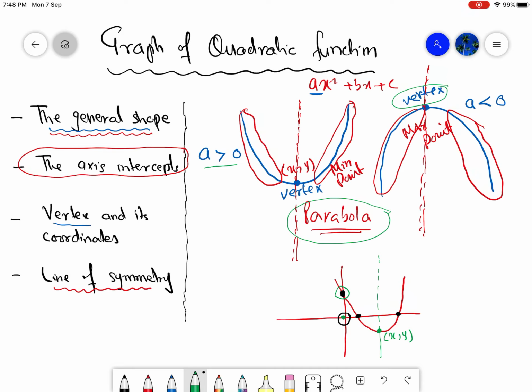We will look into both of these methods in the coming session. From the shape of this curve, because it is a parabola and not an inverted parabola, we can say that for this curve, the coefficient of x squared must be greater than 0. That is, x squared is positive. All right.